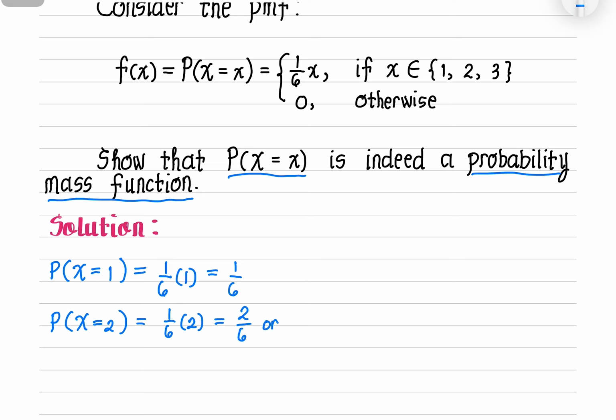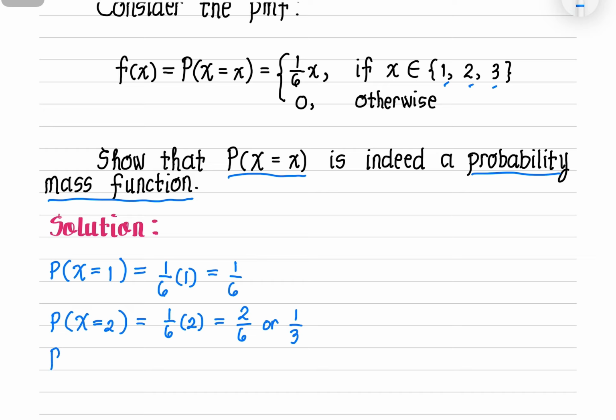Or we can write as, or we can simplify, no? So 2 over 6 divisible by 2, so that is 1 over 3. Okay. So, saan natin kinuha yung values ng 1, 2, and 3? So, guys, dito yon. Ayan.